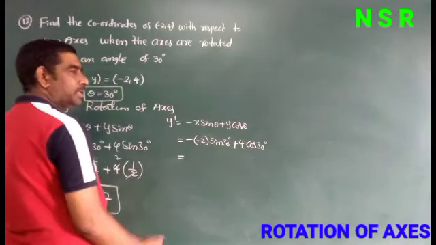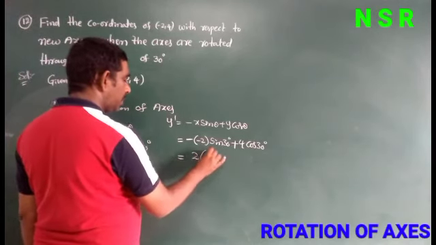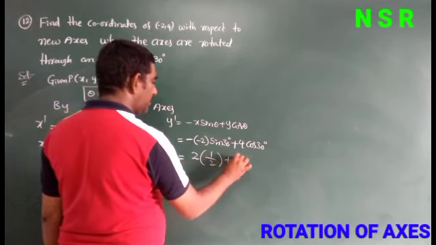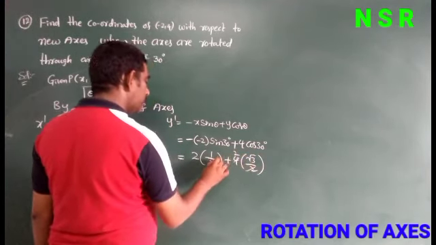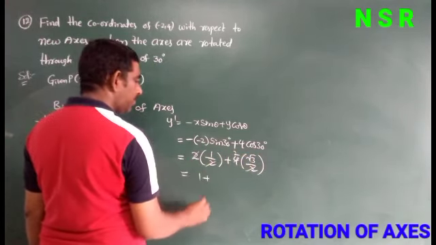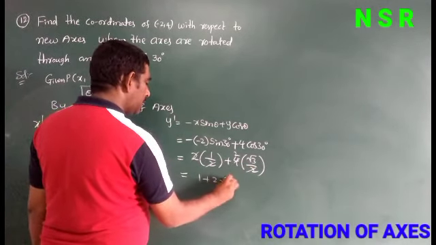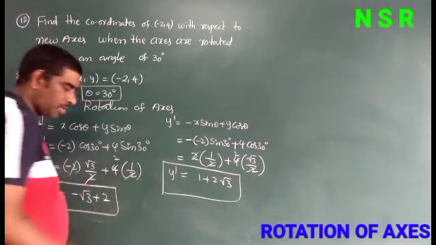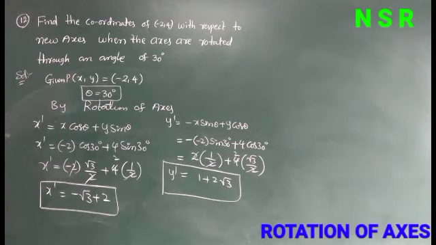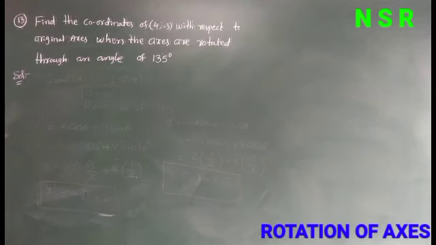So minus into minus is plus, 2 into sin 30 value 1/2, and 4 into cos 30 value √3/2. Now 2 twos are 4 and the 2s get cancelled, and we get 1 + 2√3. So this is the y' value. So here the x' value is −√3 + 2 and the y' value is 1 + 2√3. So these are the coordinates in the new axis.